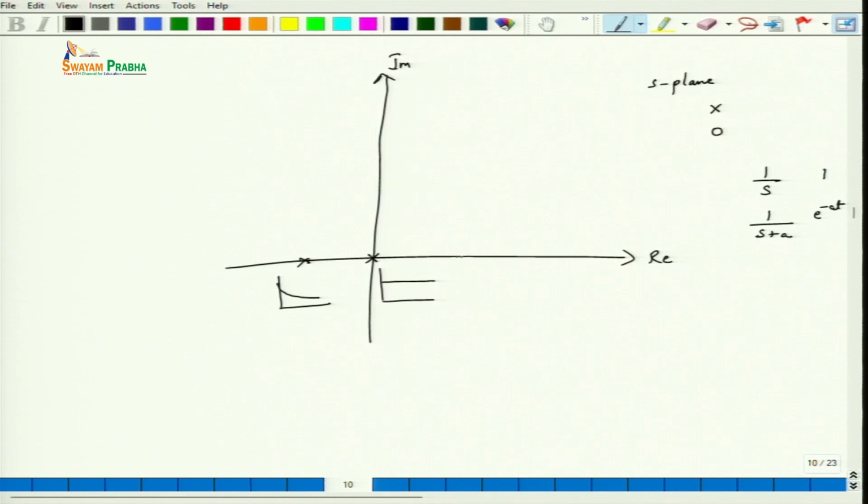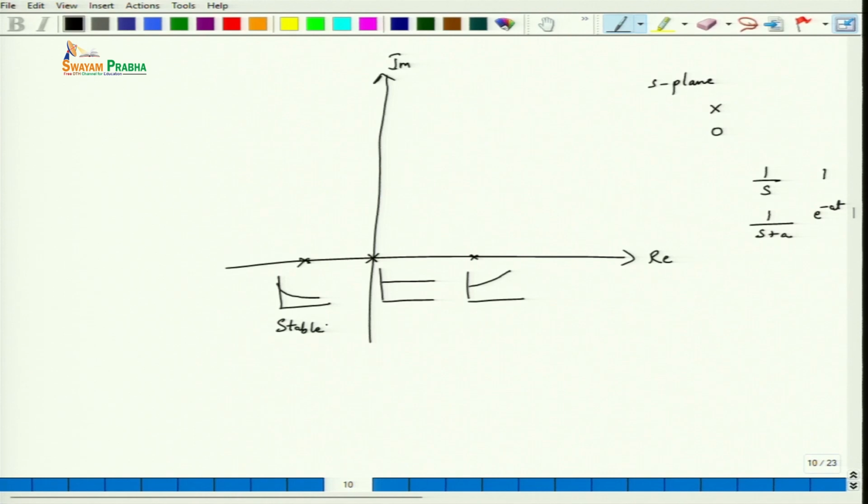Now if you move on to the positive side, this coefficient here will be positive, so it will keep on exponentially growing. Since this is exponentially decaying, when the real part of the pole is less than 0, it will exponentially decay, and this will represent a stable system. Whereas if it keeps on growing, it will grow unbounded and represents an unstable system.